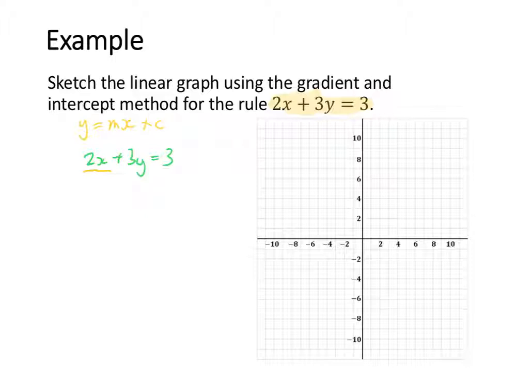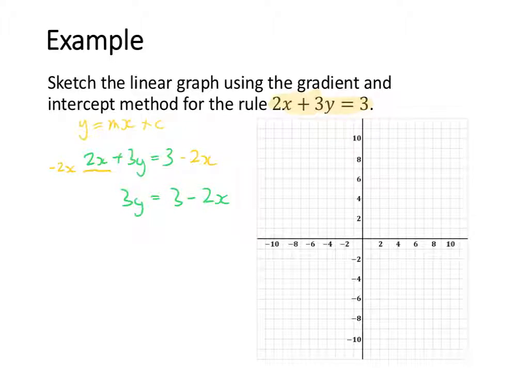To get y by itself, I want to remove 2x from the left-hand side, and I do that by doing the opposite of adding 2x, which is subtracting 2x. What I do to the left-hand side, I also need to do to the right-hand side. So my equation then becomes 3y is equal to 3 minus 2x.